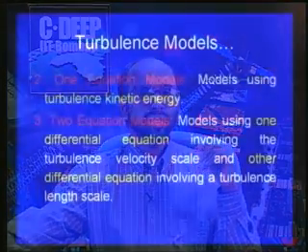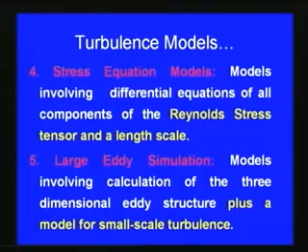So, in literature we can see 5 kinds of models. First one is the zero equation model, second one is the one equation model, third is the two equation model, fourth is the stress equation model, and fifth is the large eddy simulation model.